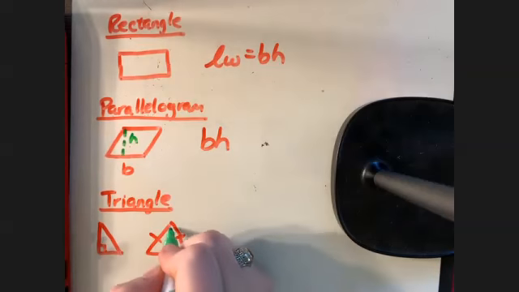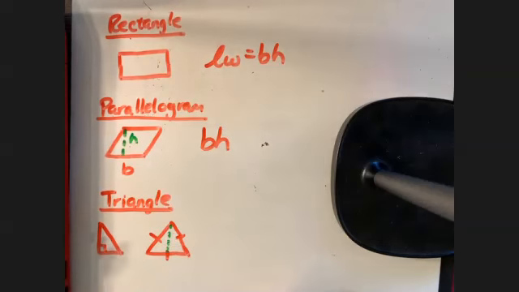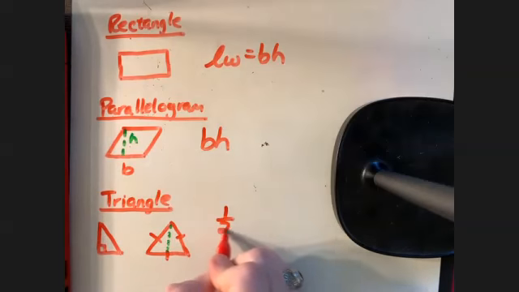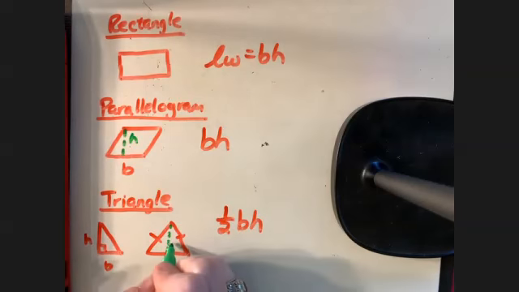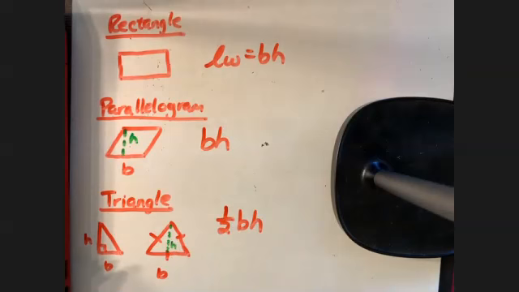If you did this, you need to have that height line again, because the area formula for this is 1/2 base times height. In a right triangle, here's your base, there's your height. In this triangle, my base is down here, my height is that one in there. Okay, so we had those.